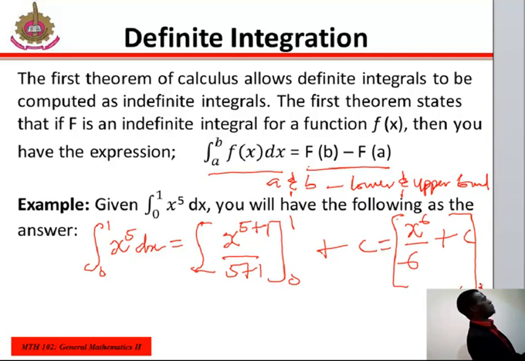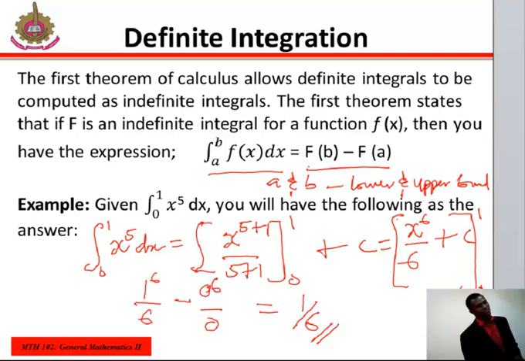Then you input the two boundaries. In this case our lower boundary is 0 while our upper boundary is 1. So you start from the upper boundary by substituting the upper boundary, which is 1, into the solution. That is, we have 1 raised to power 6 all over 6.